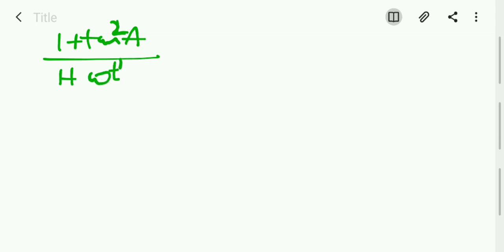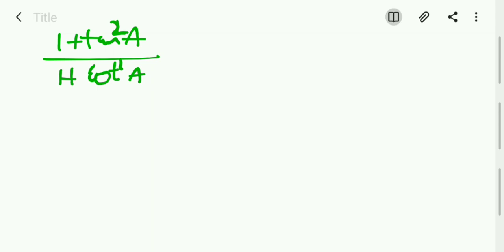Now let's do one more sum. Now 1 plus tan square a by 1 plus cot square a. Okay, so the sum is very simple. 1 plus tan square a by 1 plus cot square a.